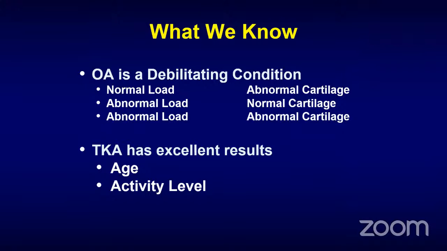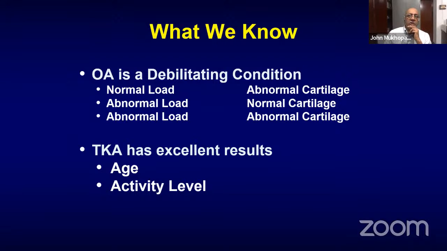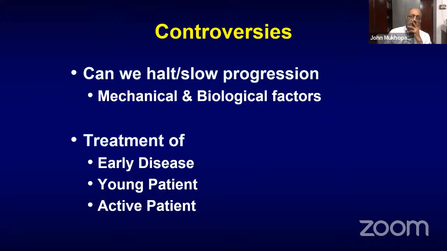Now, what we know about osteoarthritis is that it's a debilitating condition, and it could be for various reasons. You could have normal load on abnormal cartilage, abnormal load on normal cartilage, or abnormal load on abnormal cartilage. We also know that total knee replacements have an excellent result, but you have to bear in mind the age and activity levels.